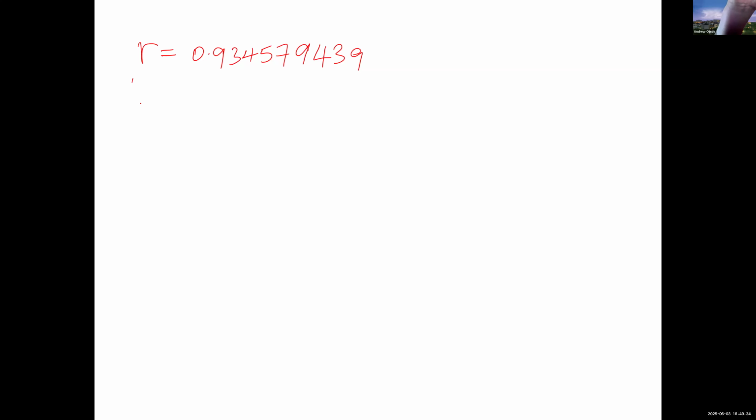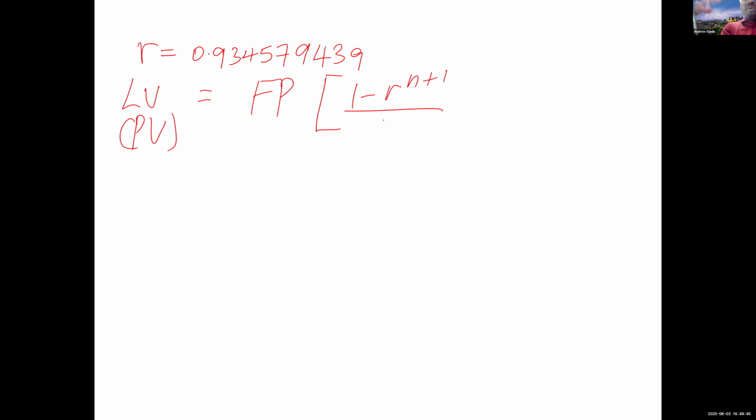So what does the formula say? It says loan value, or present value, is given as the fixed payment inside 1 minus r to the n plus 1 over 1 minus r, minus 1. So our loan value is $100,000. Here you're not going to use a negative number; it's a positive number. Fixed payment is what we are solving for.